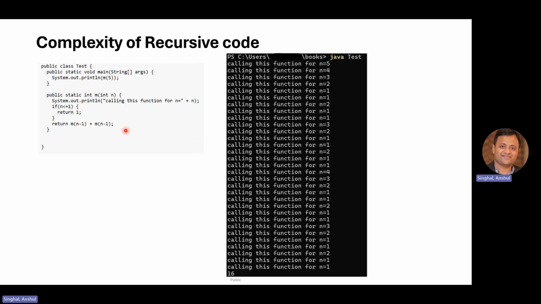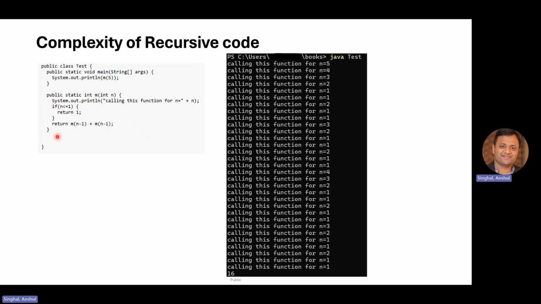Let's say there is a method which takes input n, and in the logic it checks if my input is less than or equal to 1, then return 1. If not, return m of n minus 1 plus m of n minus 1.